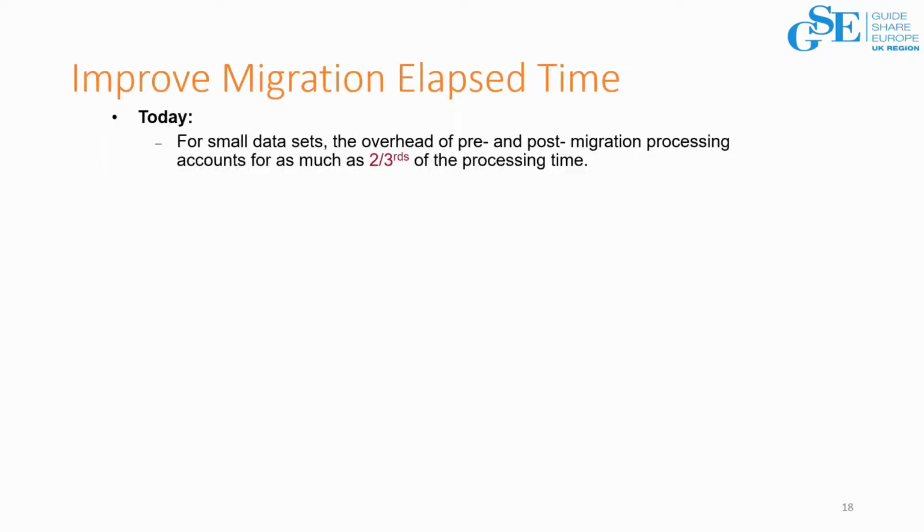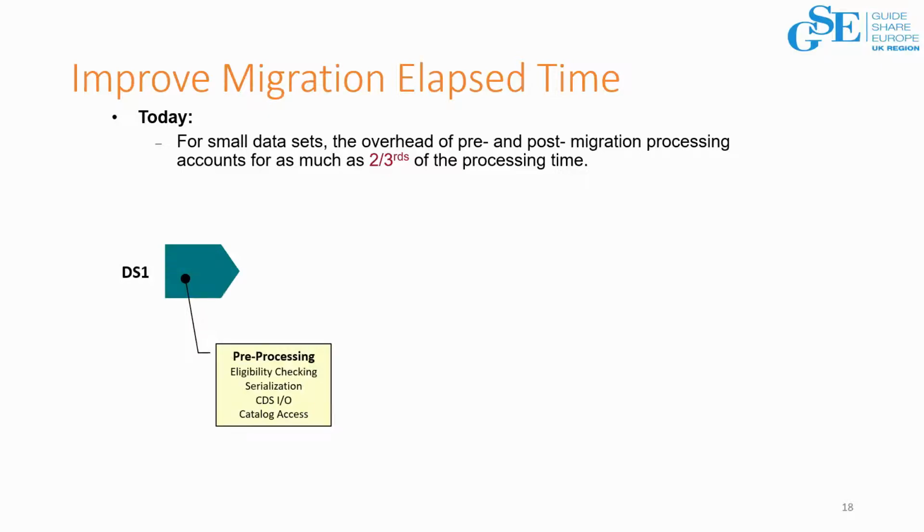So if you'd like to improve migration elapsed time, you can take advantage of migration subtasking. And for small data sets, pre and post processing accounts for up to 2/3 of the overall processing time. So that's obviously a lot.